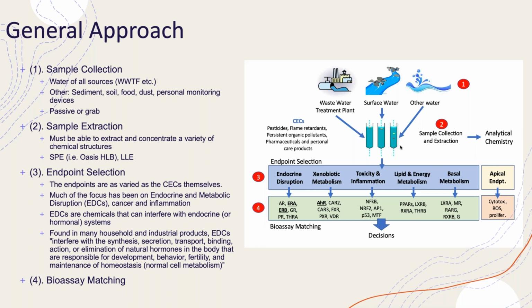So we don't have a developed procedure, for example, like we do with extracting PCBs from different matrices. We don't have that set EPA guideline for how to extract. What we want to do is be able to get the widest variety of these contaminants that we can.